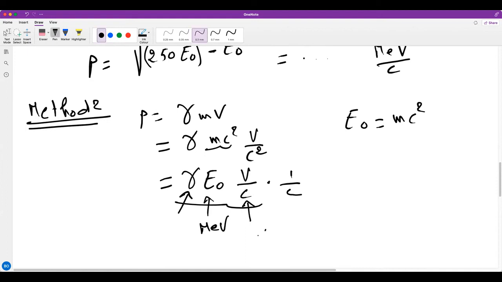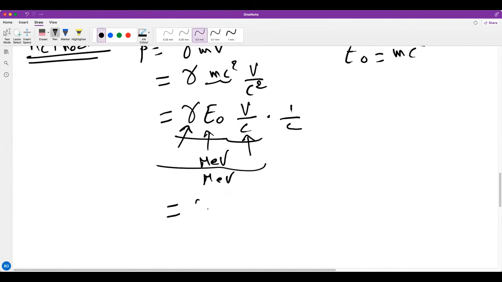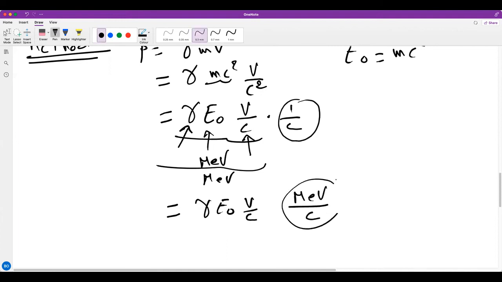So this quantity will be an energy quantity. So gamma E0 v over c will be MeV, and divided by c, which I kept here, this is the unit of the momentum.